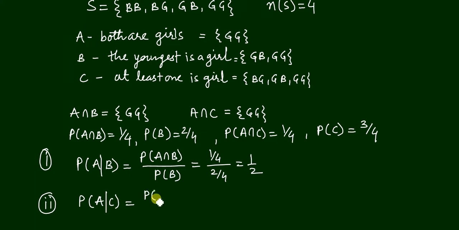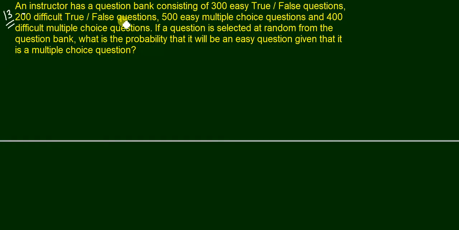So it is probability of A intersection C divided by probability of C. Probability of A intersection C is 1 upon 4 and probability of C is 3 by 4. So we get 1 by 3. These are the required probabilities.